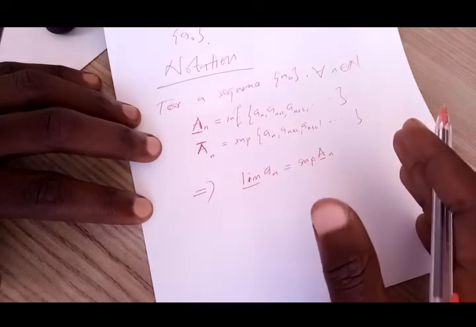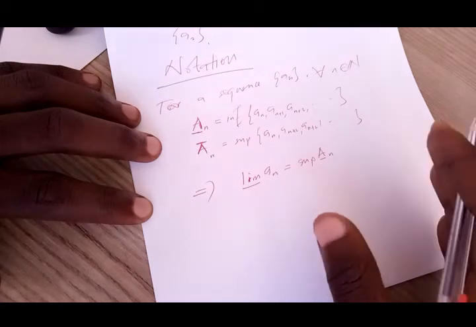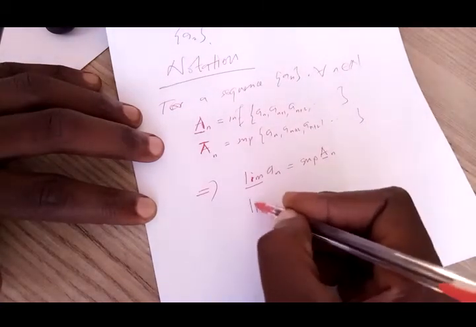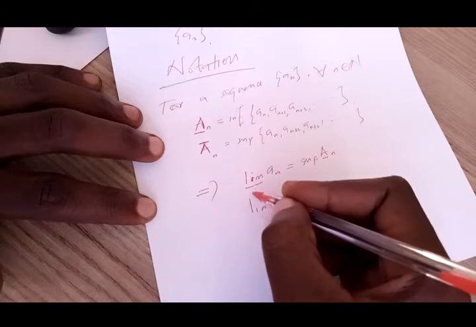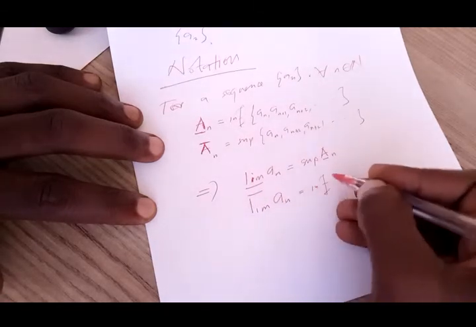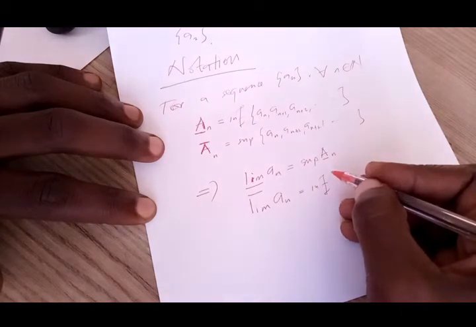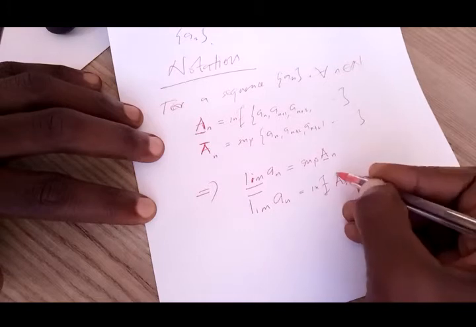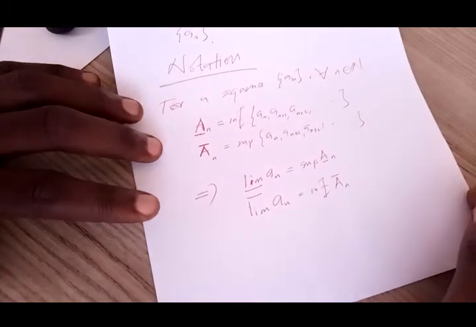Then the lim, now in this case we put the bar on top of n, is equal to the infimum of the sup of an. So our an, then our bar will be on top.